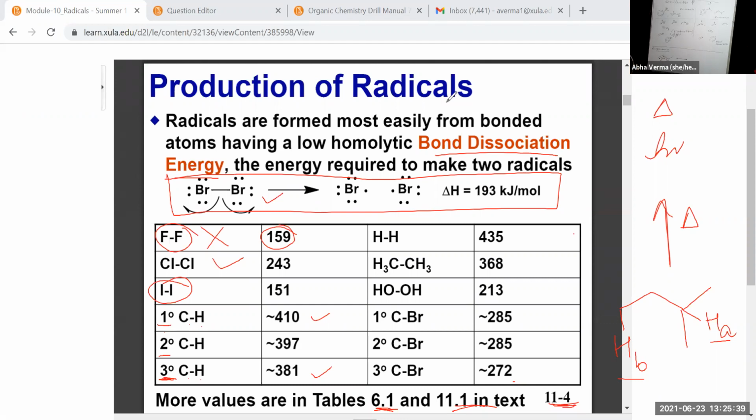Anybody? Out of HC, HA. Okay, very good. Because of its low energy, it will be easy to break this particular bond. And when this particular bond will break, what will happen here? A radical will form.